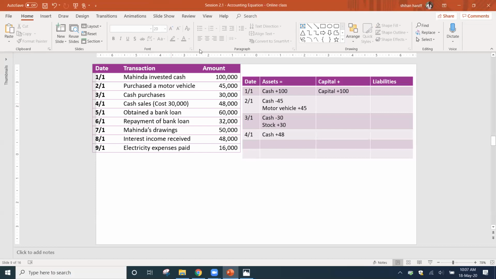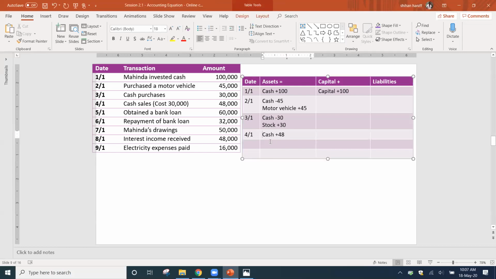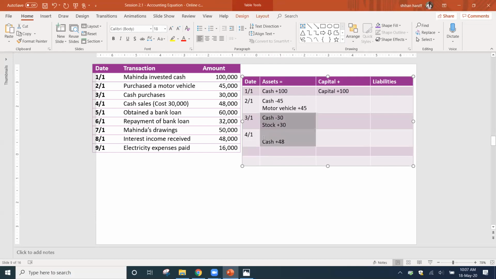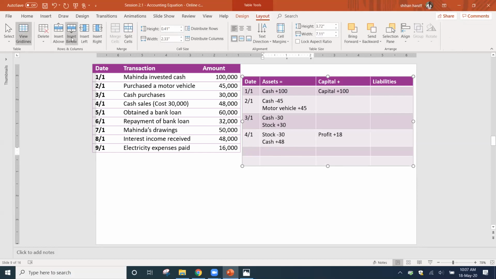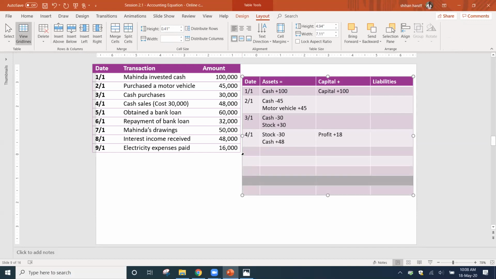So our stock will reduce. When we purchased the stock, we added it into the asset. Now we are selling this. The stock will be minus 30,000. We are getting cash 48,000. And from this transaction, there will be a profit of 18,000. So that we have to record under the capital column. Right.